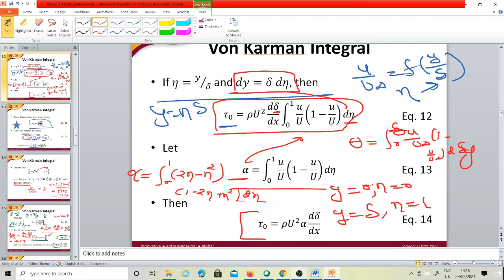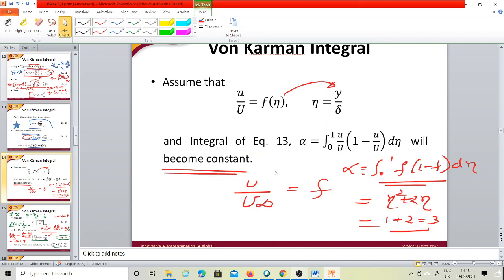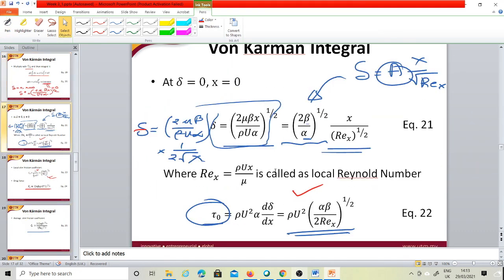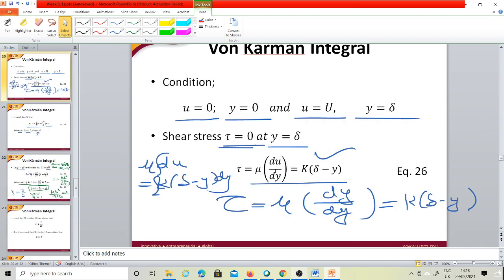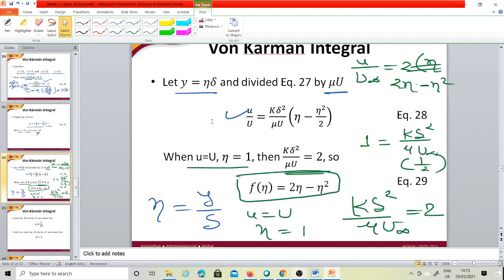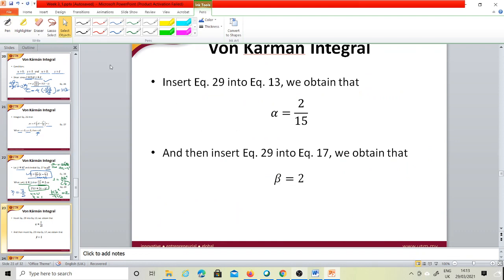Because now you already know the expression for u by capital U. If you substitute this expression in terms of eta, here you can see this expression u by U is like this. So fortunately this is 2 eta minus eta square, that is actually this one. If you substitute this one and integrate, you will get the alpha value, which is 2 by 15.